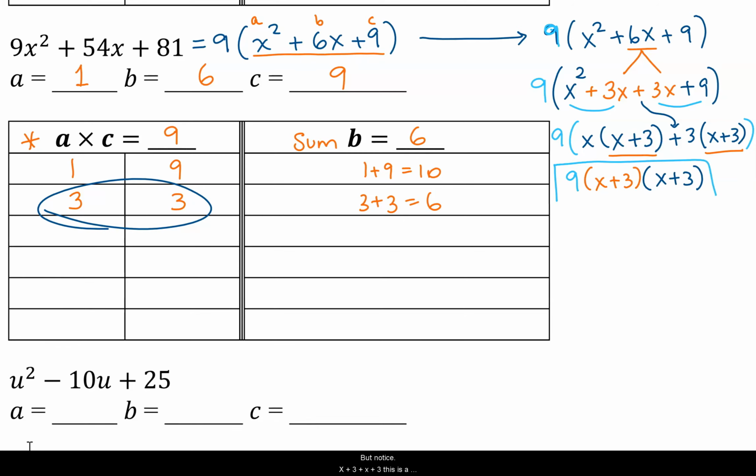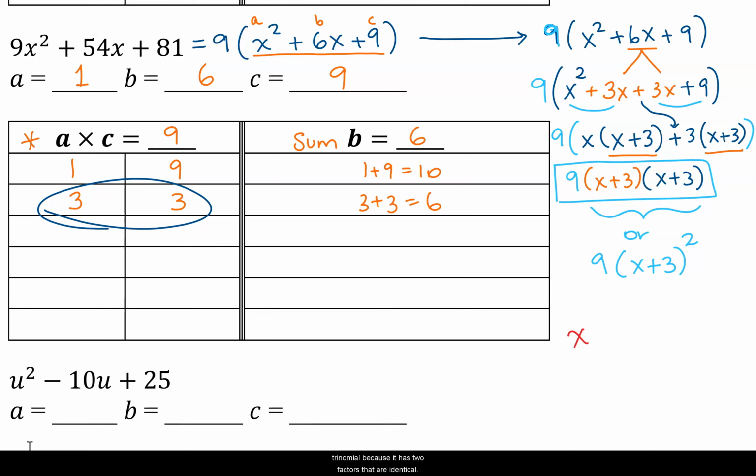This is our factored answer. But notice that x plus 3 and x plus 3, this is a repeated factor. So we can write it as x plus 3 squared. Put that 9 out front for that greatest common factor.